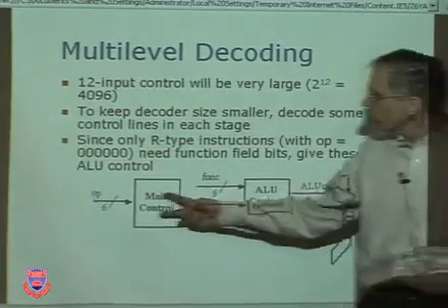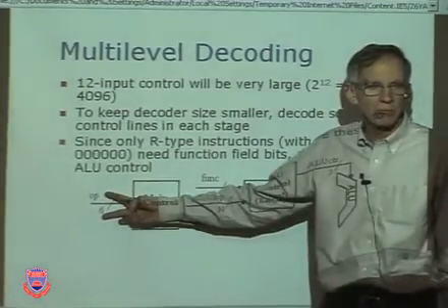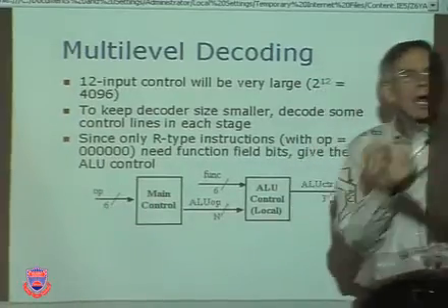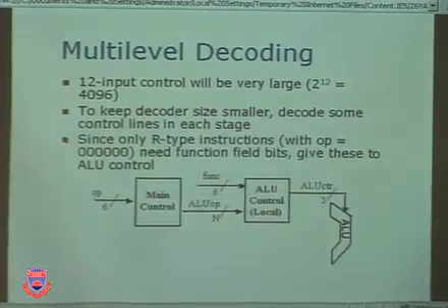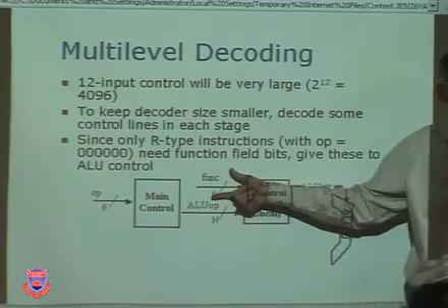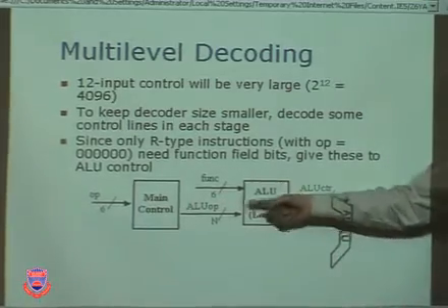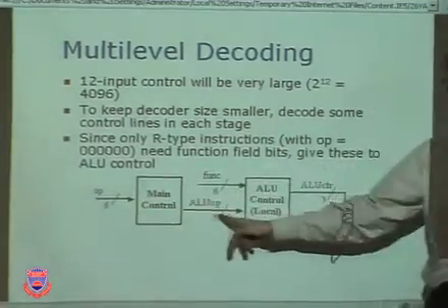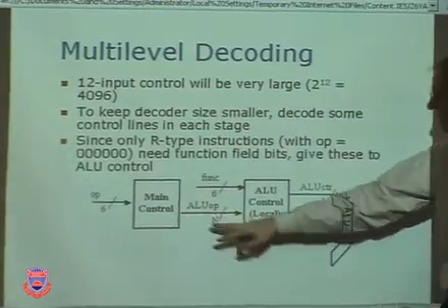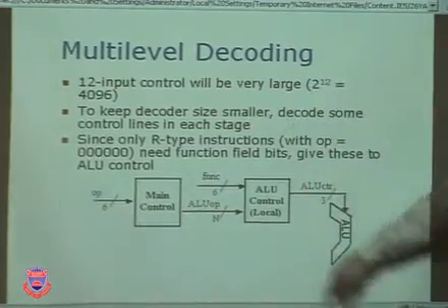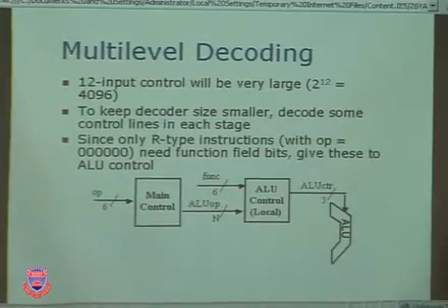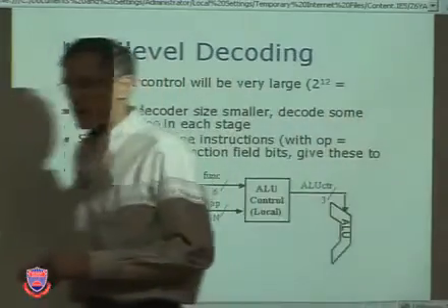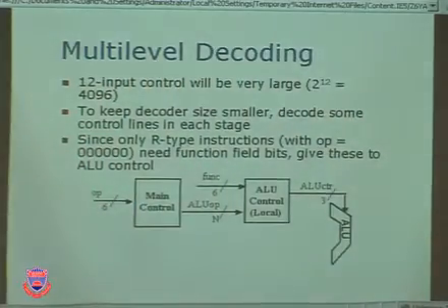But the main control can take a 6-bit opcode, and if it turns out to be all zeros, then we know that it's an ALU operation, and we can give the other 6 function bits just to the ALU control. So this becomes a 6 to n decoding problem, plus the ones that go out here. And this becomes an n plus 6 to 3 decoding problem, and everything's much smaller. So we have a definite space gain here.